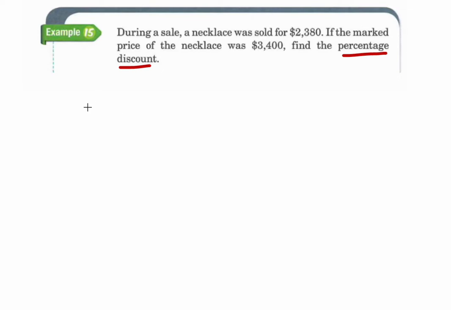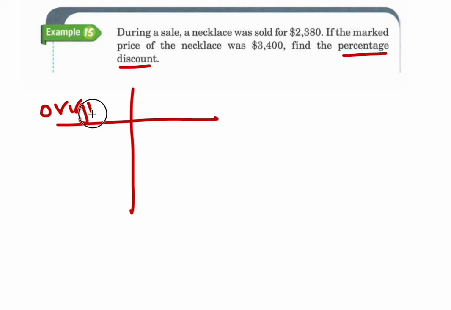Okay, so going to my handy dandy method that I love the best, the table, I want to first label my table. I have a discount and I have the original or the marked price. Original and discount. All right, let's see.